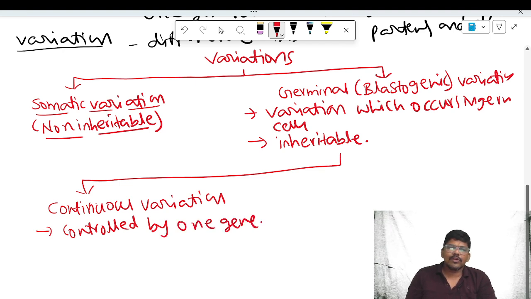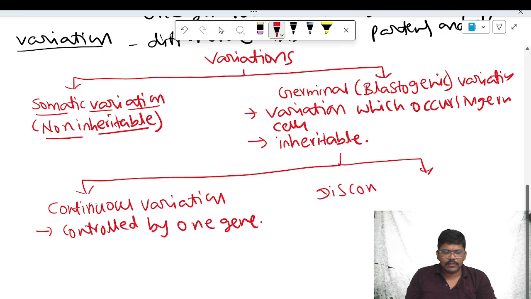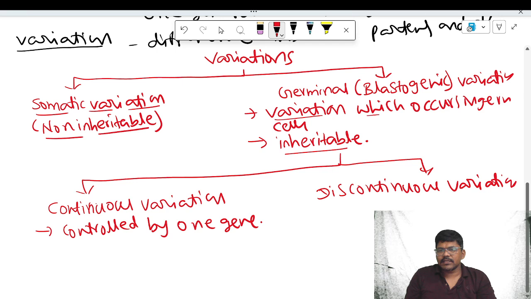Next, there are discontinuous variations. Both continuous and discontinuous variations are inheritable, and occur in the germ cells.